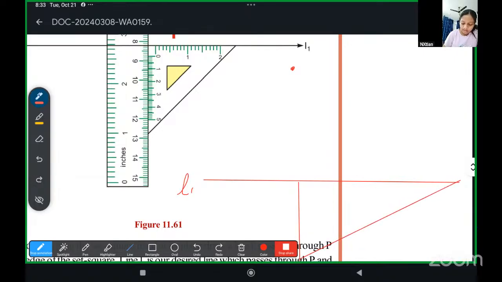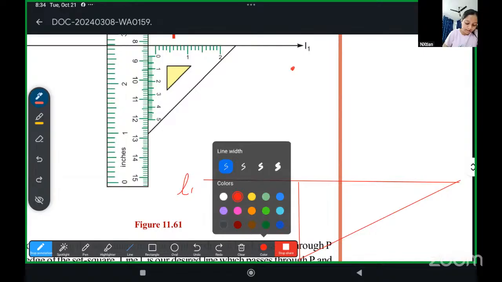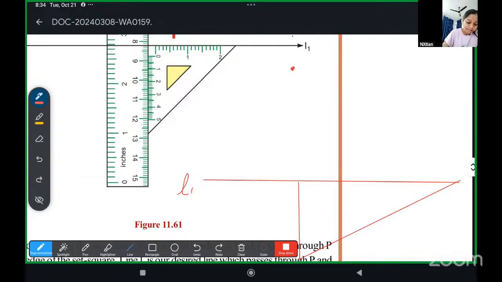Okay. And I'll make it with a different color. I'll place my ruler here. This is my ruler. Now I will slide this set square upwards.